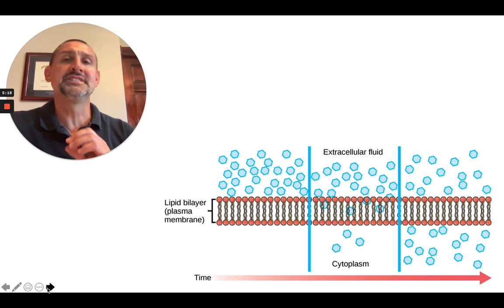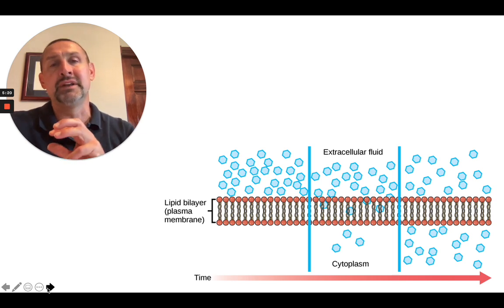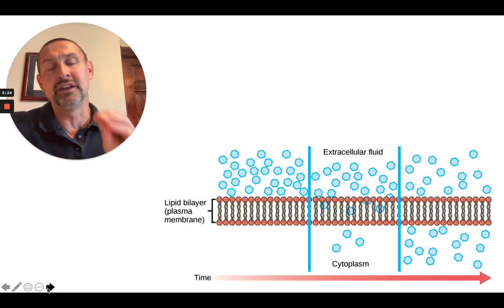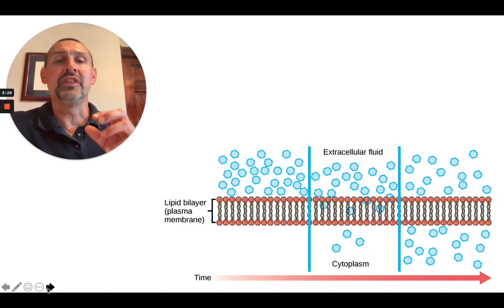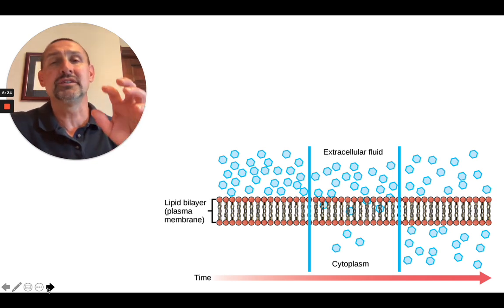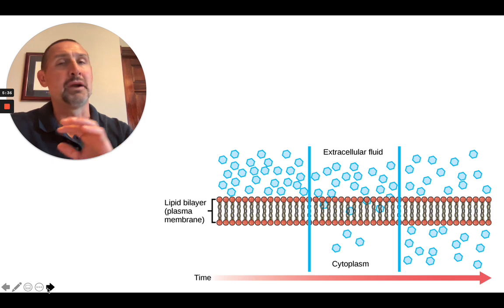Diffusion just means moving of molecules from an area where they're highly concentrated to an area where they're in low concentration. If you look at the diagram, the molecules are in high concentration outside of the cell membrane, and they're diffusing across just by random movement, no energy required.